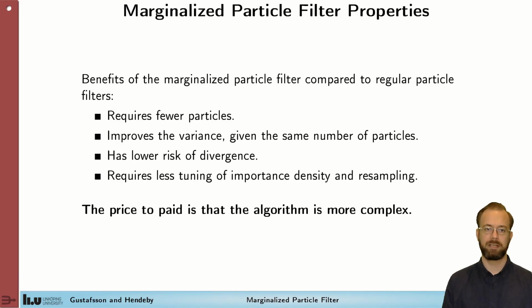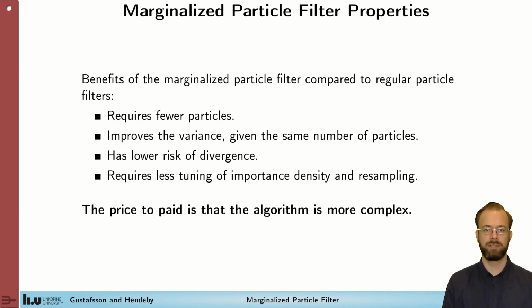Due to actually having an analytic solution for part of the problem, we have a lower risk of divergence, which simplifies the problem, of course. And since the particle filter part turns out to be easier than for the full problem, there are fewer tuning knobs that are really critical. So it's easier to choose the importance density and the resampling step, for example, so that it's optimal.